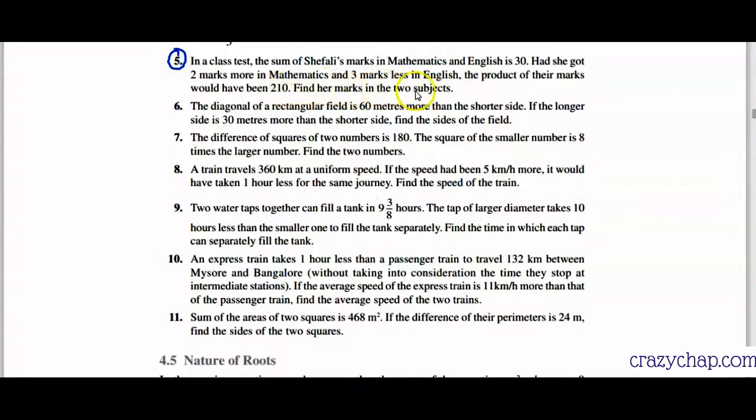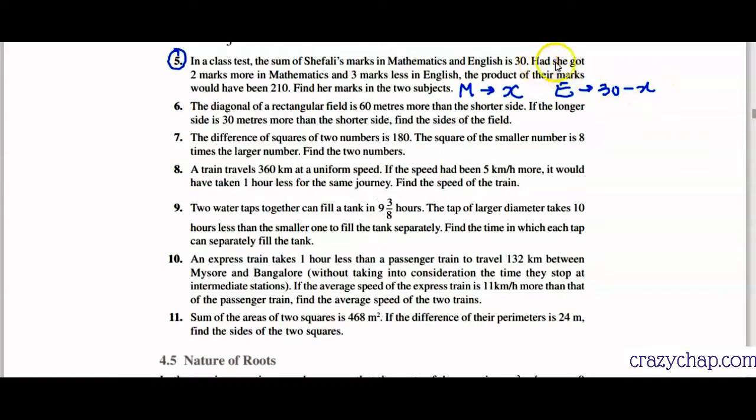Find her marks in 2 subjects. So let's suppose maths marks are x, and because the sum of the marks in maths and English is 30, so we can say that English marks is 30 minus x, right? So maths marks is x and English marks is 30 minus x.